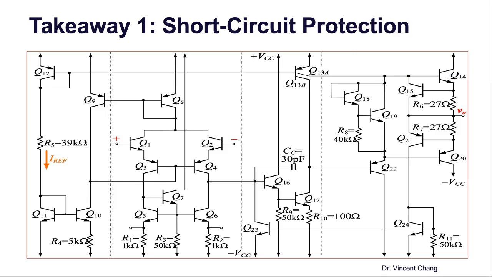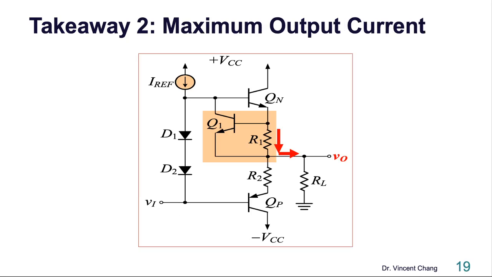What kind of output stage is this? It's a class AB output stage, but with a variation. What variation? This. What's this? Q15 and R6 serve as the short circuit protection circuitry. And you even know how to calculate the maximum output current.